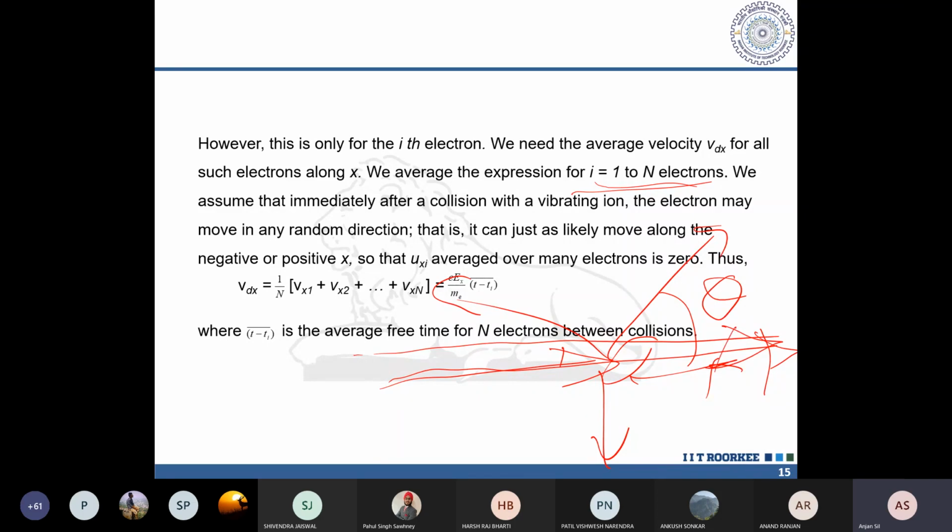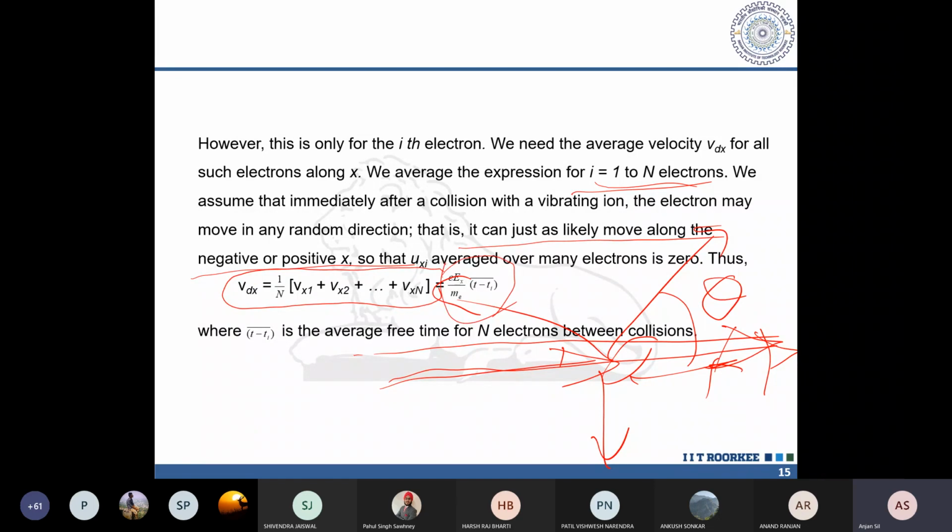So we assume that immediately after collision with the vibration, the electron may move in a random direction. That is, it can just as likely move along the negative or positive direction. So you have to take the average velocity, and if you put the expression for vdx from the previous step, you get eEx times t, divided by m, the electronic mass.